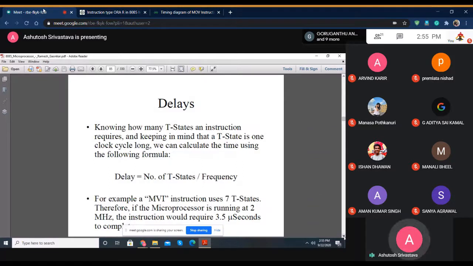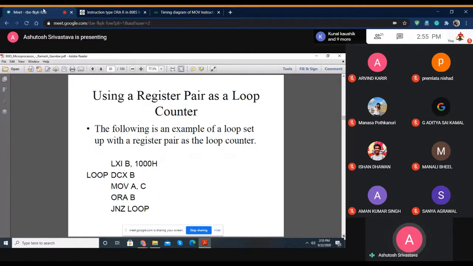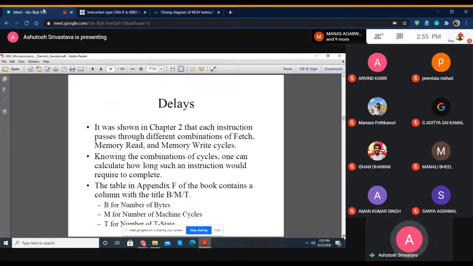I think I will give you a problem so that you are able to perform this at home, and it will get much more clear. Basically, please note down these things. B is for the number of bytes, M is for the number of machine cycles, and T is for the number of T states.